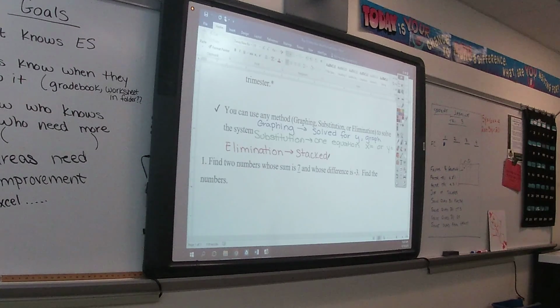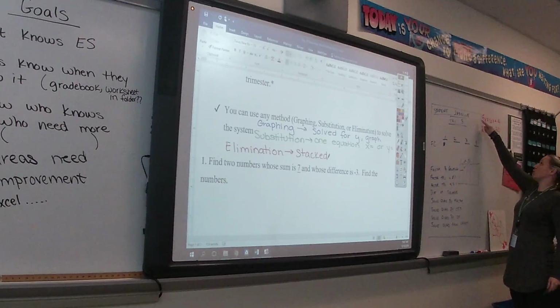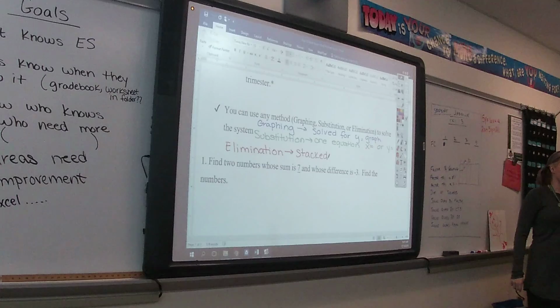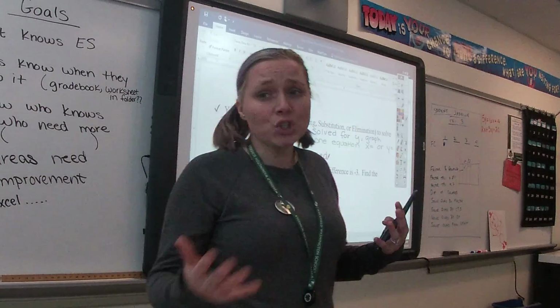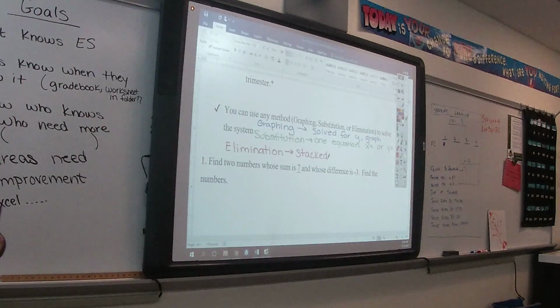We are totally capable of rearranging a problem and making it look like whatever we want it to look like at this point. We're actually pretty darn good at it. So if we solve this, we could subtract that 6x and move it over there and make it be elimination if that's the route we chose to go. So some of this is just about picking what you prefer and going with what you see to do first. All right, so let's take a look at this first problem.